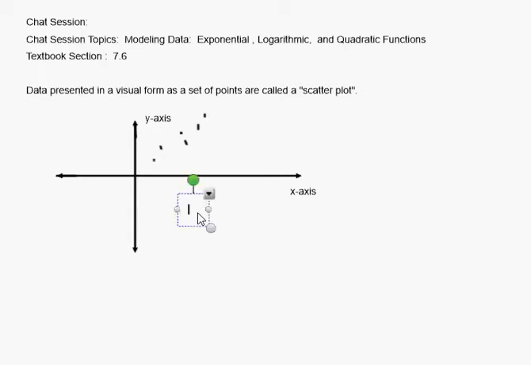So what I have drawn here was sample points, but the points not connected is an example of a scatter plot.